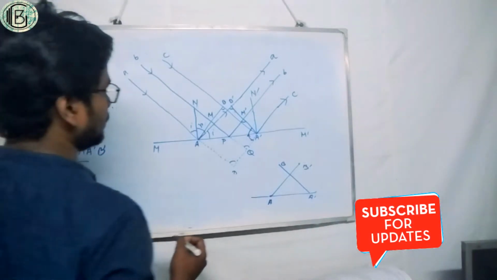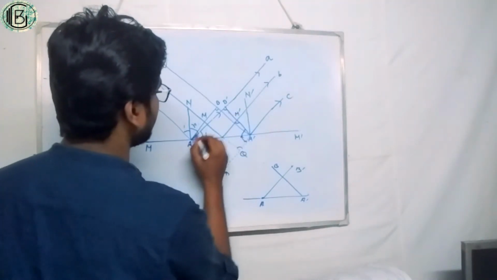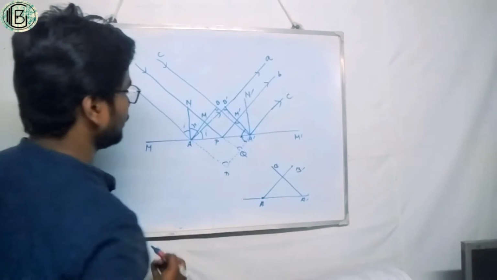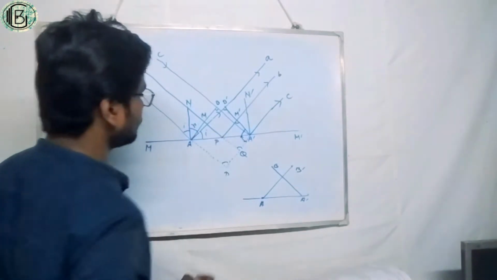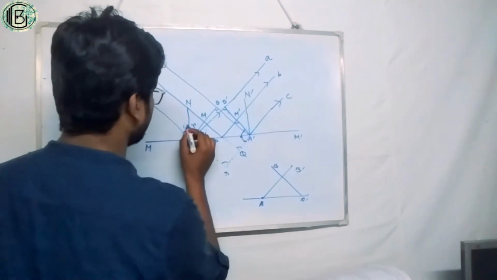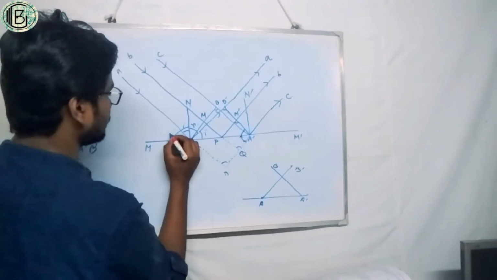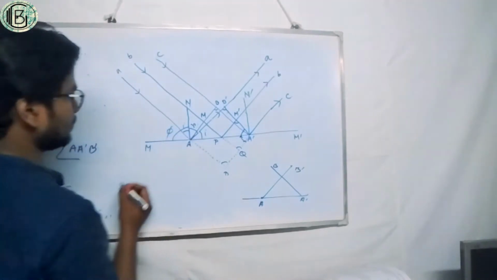Now, in the triangle A B prime A prime, if this angle is R, then this is R and this is suppose phi.